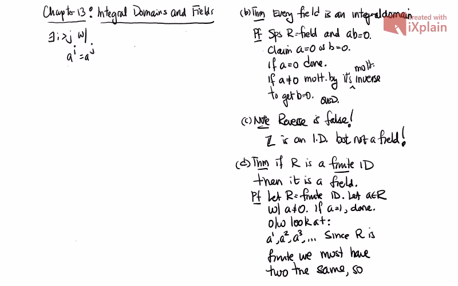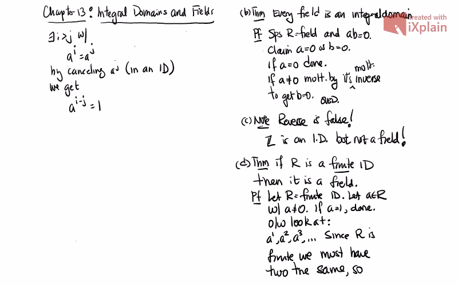If that's the case, we can cancel, because we're in an integral domain, and in integral domains we can cancel. So I'm going to cancel the a to the j. We're in an integral domain, which allows this. So we get a to the i minus j is 1.